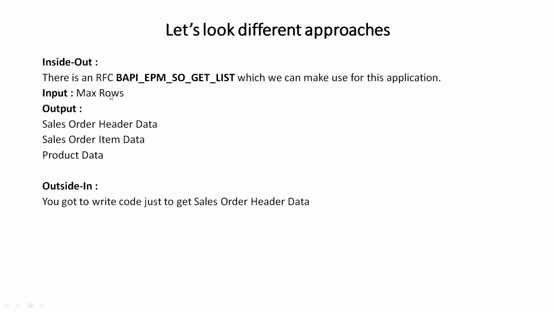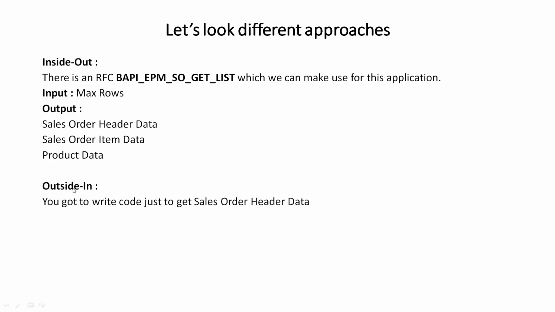Since we followed inside out modeling today, there is a function module, BAPI_APM_SO_GETLIST, which will give us sales order header data, sales order item data, and the product data.